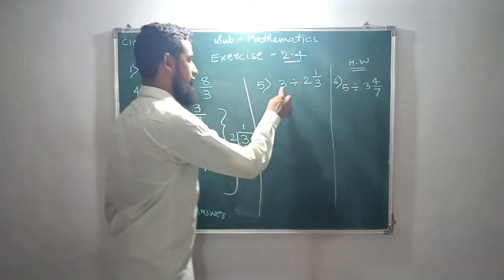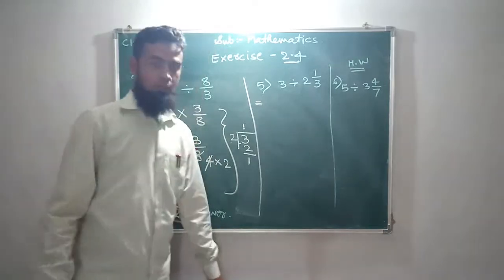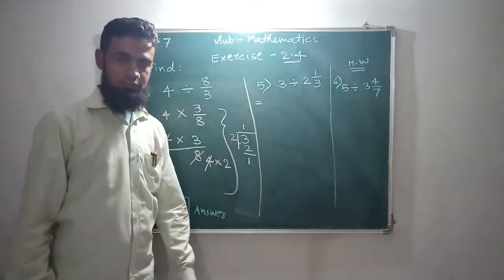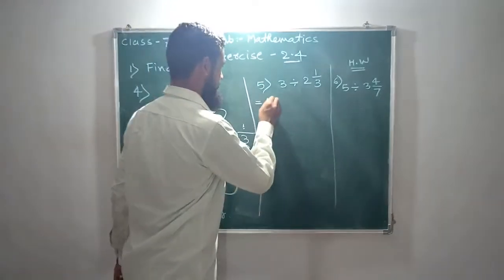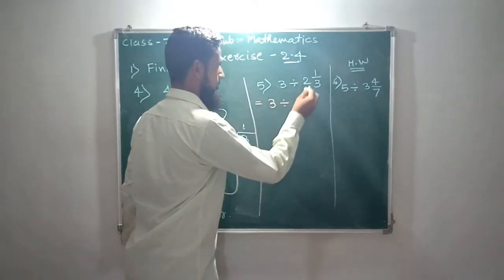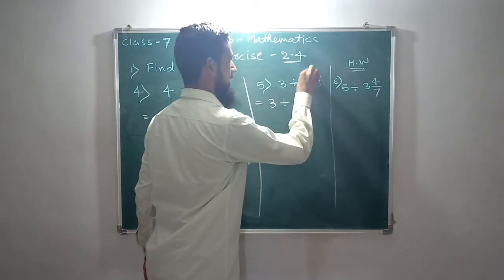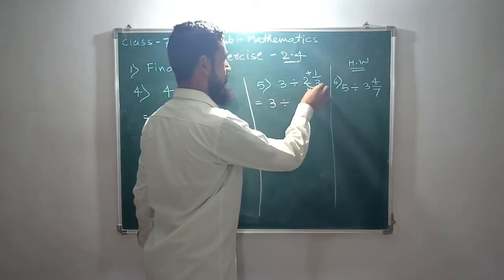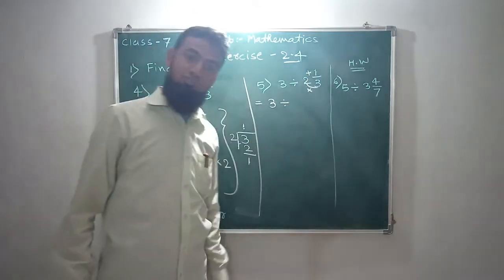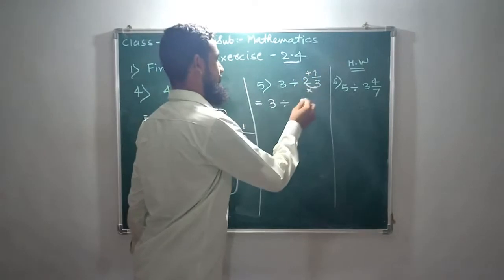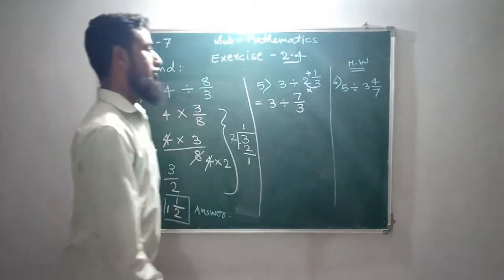So here what we have to do in this step: this is a mixed fraction. We will convert it into a simple fraction. So here 3 times 2 is 6, then plus 1. 6 plus 1 is equal to 7. So 7 upon 3. Understood?